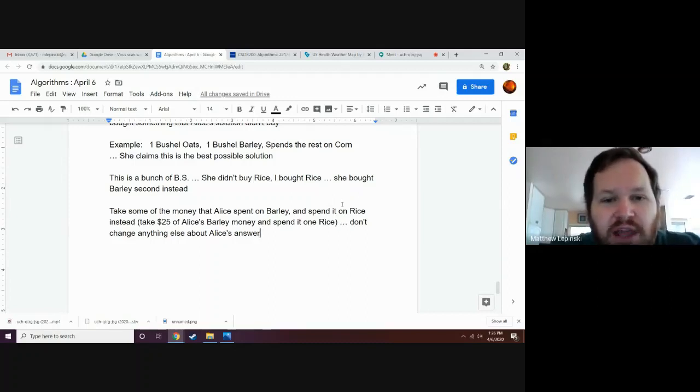There has to be some place in the plan, and this is just one example, where Alice failed to buy something that I bought. So I bought rice, she didn't buy rice, or I bought oats, she didn't buy oats. But at some point, I needed to buy something that she didn't buy. Otherwise, we would just have the same answer and we're both right.